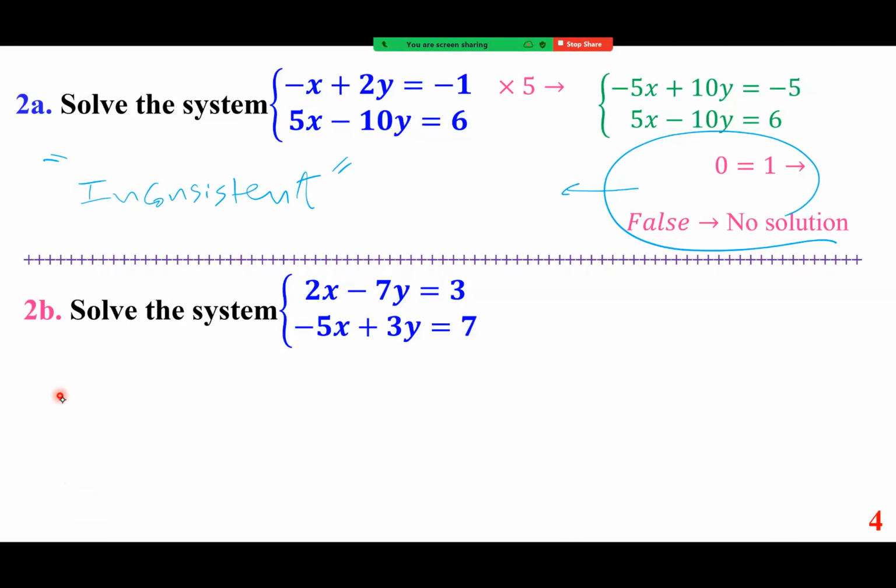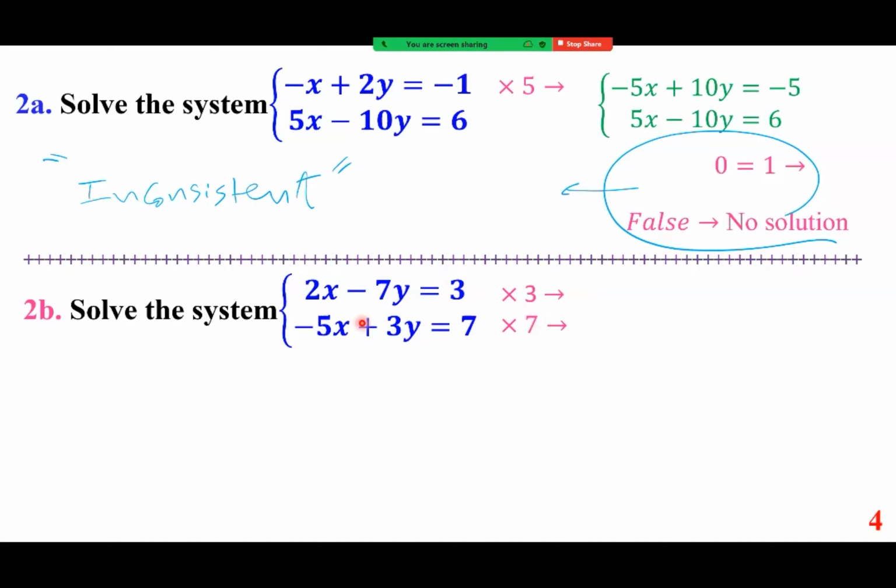For the next one, if I want to get rid of the x, since they have different coefficients, I can multiply this one by 5, let's say this one by 2. If I want to get rid of the y, I can multiply this one by 3 and this one by 7. So it depends which one you want to get rid of. You make a decision and you do so. So for example, if I multiply this one by 3, I get 6x minus 21y equals 9.